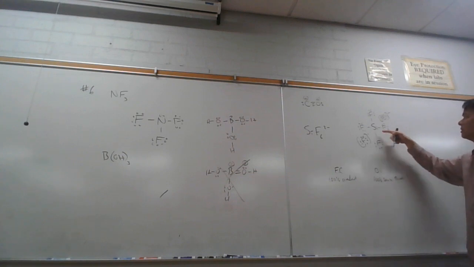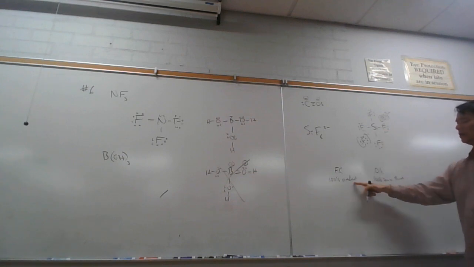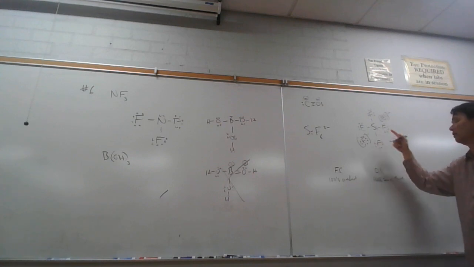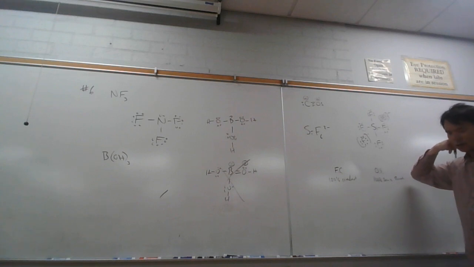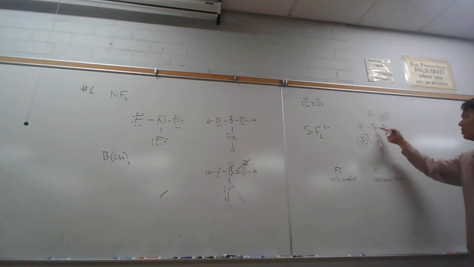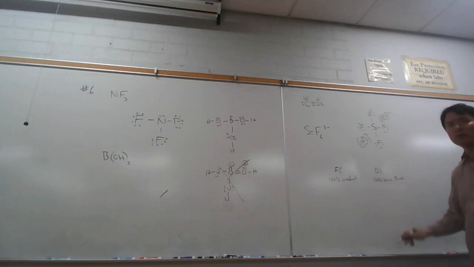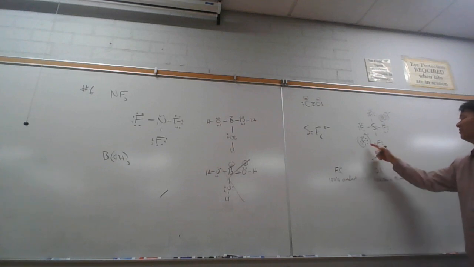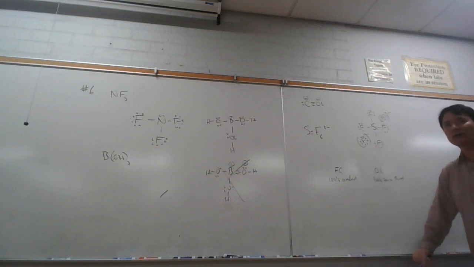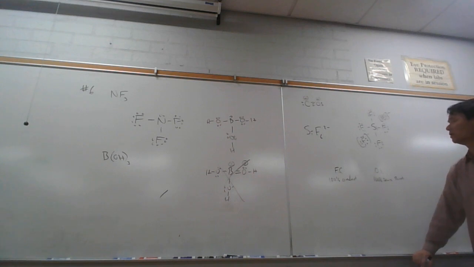Typically a bond like this, silicon and fluorine, is not going to be 100% covalent, and it's not going to be 100% ionic. It's a very polar bond, and so the actual charge lies somewhere in between these two extremes. We do the extremes so that we can make an apples-to-apples comparison, but the true charge should be between 0 and +4. And so that could be what's holding these fluorides on. Otherwise, we don't see any kind of ionic attraction there. So the bonding is weird on this.